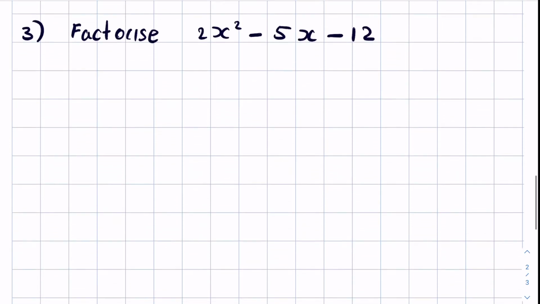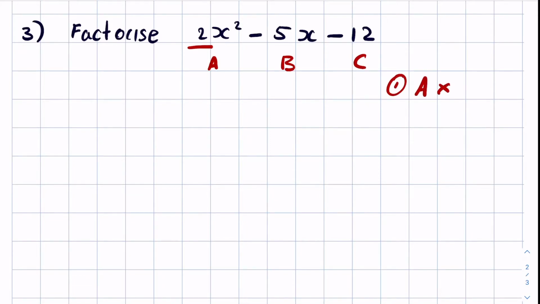Right, next example. What's different about this one is that we have a 2 as the first term, but we approach it similarly. So let's name them A, B, and C. The first thing we're going to do is multiply A by C together. So we have 2 multiplied by negative 12 to give us negative 24.